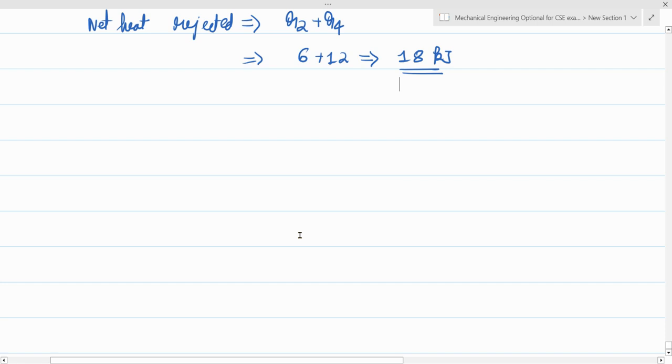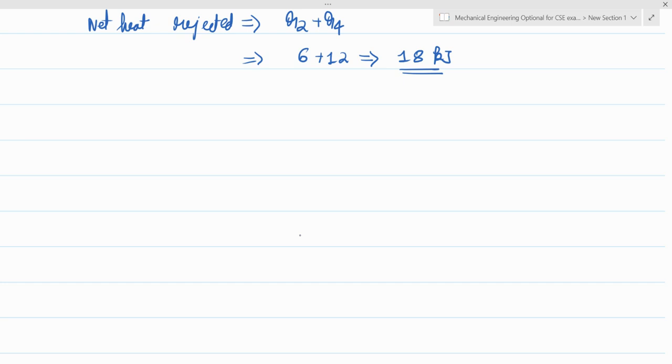Now the total refrigerating effect should be equal to 2 multiplied by 8. Why?